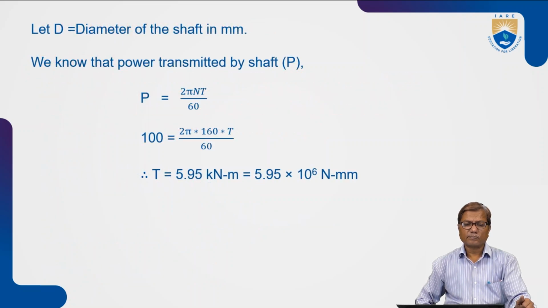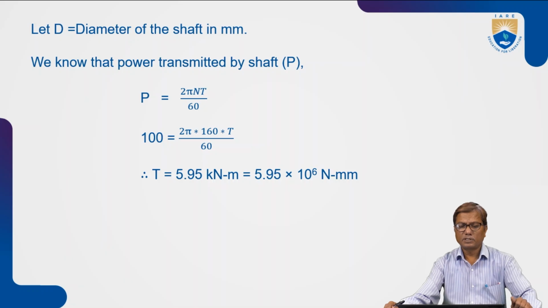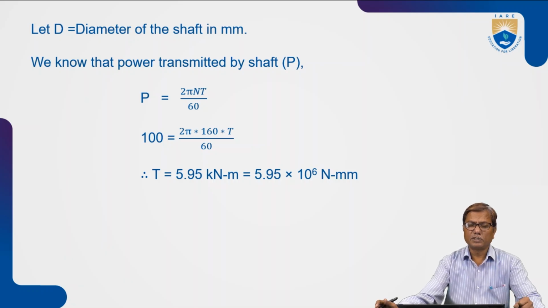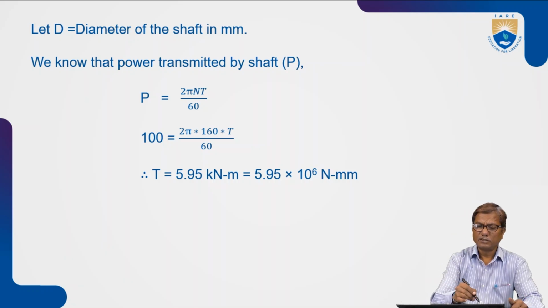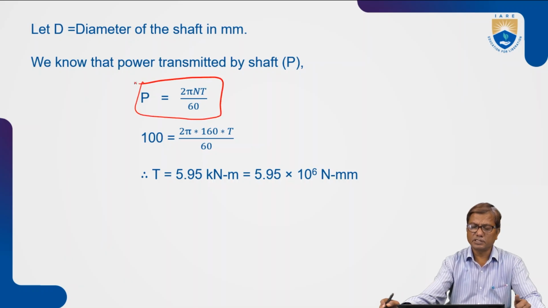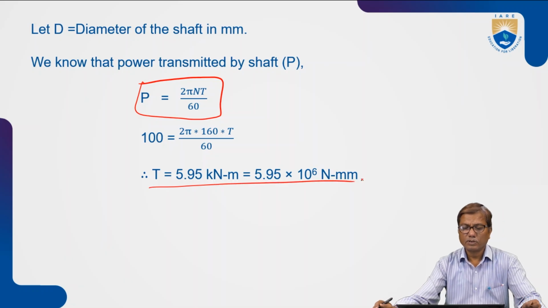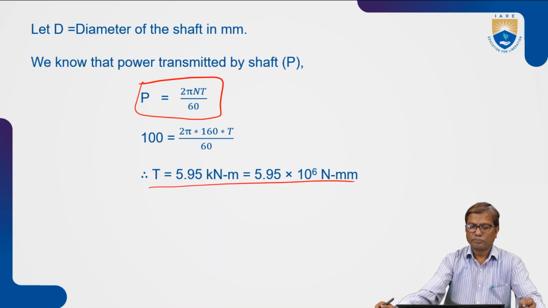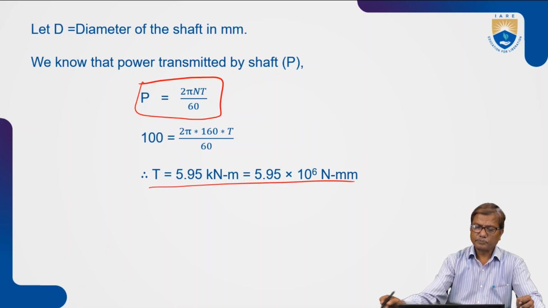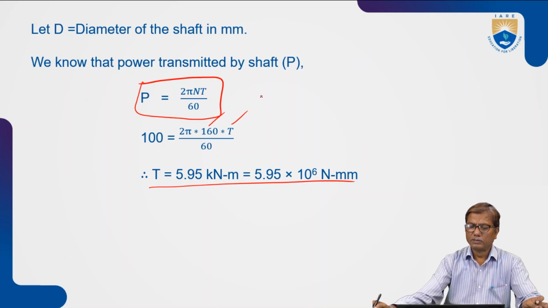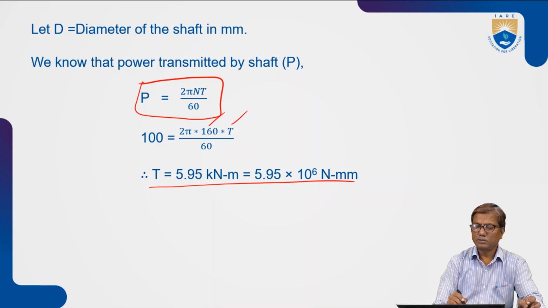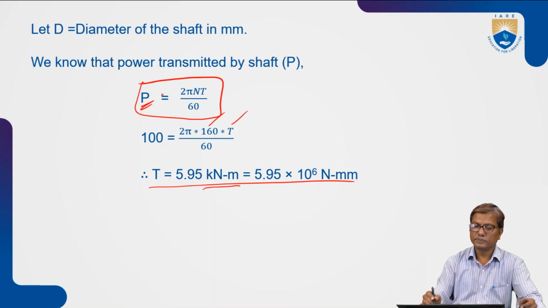So now, if capital D is the diameter of shaft in millimeters, then use the relation P equal to 2 pi NT by 60, which gives torque. Because power is given and speed is given, we can find torque, that is in kilonewton meters because this is in kilowatts.